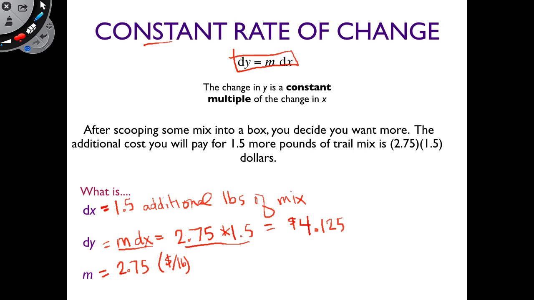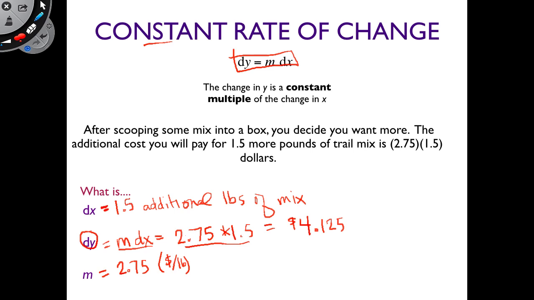But yeah, this dy is just an incremental change. So if I knew the cost of the box was $30 so far, and then I added in 1.5 additional pounds of snack mix, do I need to know the cost of the box to find this? No, it's just the extra cost from the extra snack mix. So it's how much the cost changes as you dump in that extra 1.5 pounds of mix.